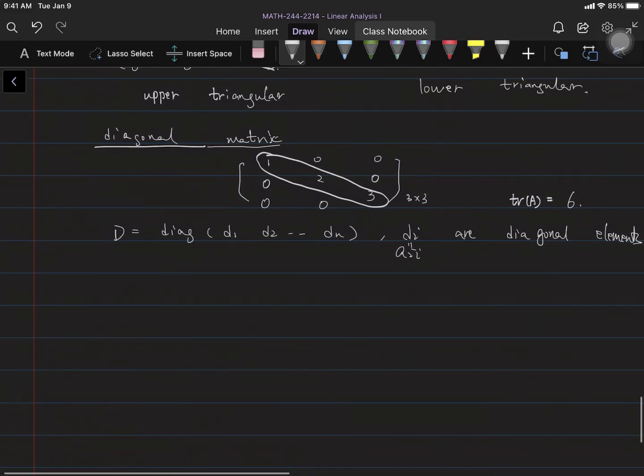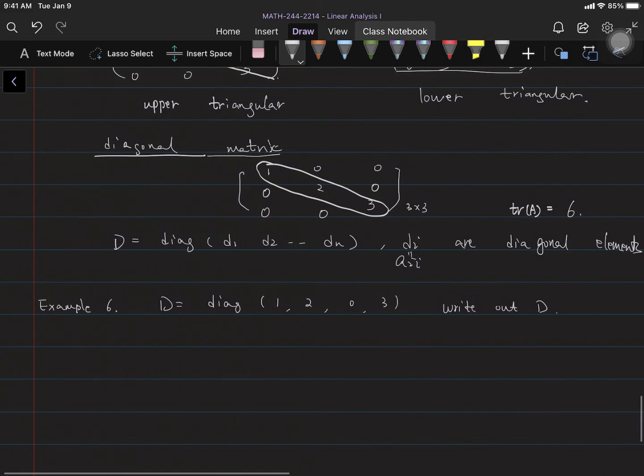Let's see an example. If this D is given by diag(1, 2, 0, 3), let's write out the D matrix. A diagonal matrix has to be n by n.